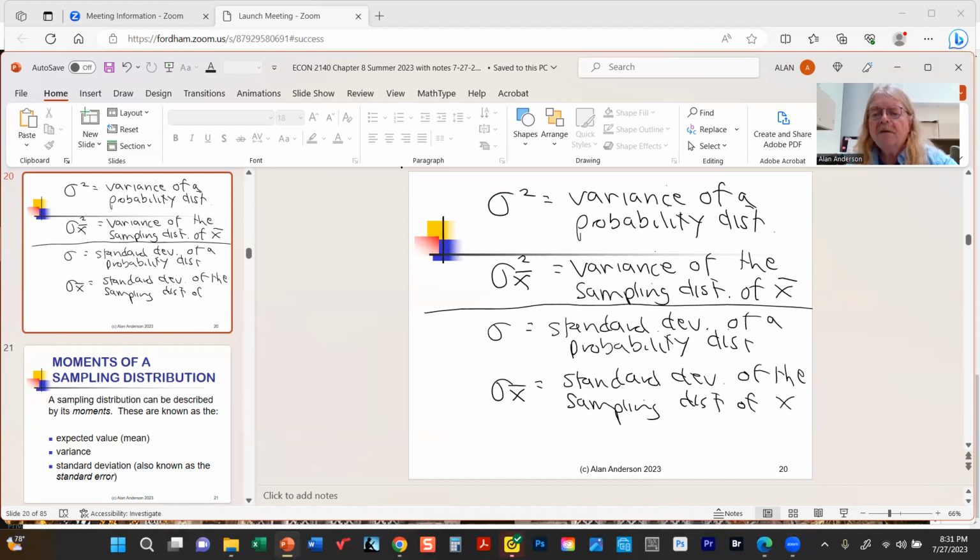Now, if we were trying to create a distribution for a different sample statistic, like let's say S, the sample standard deviation, then the subscript would become an S. It would just change to whatever case we're looking at.